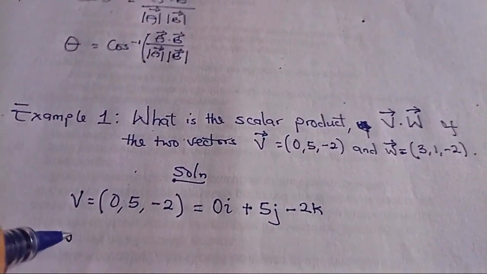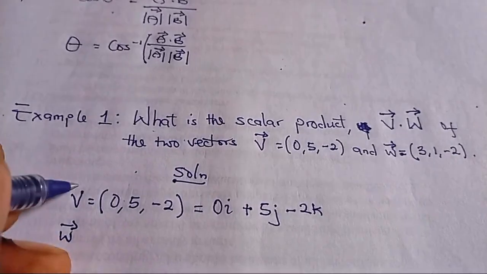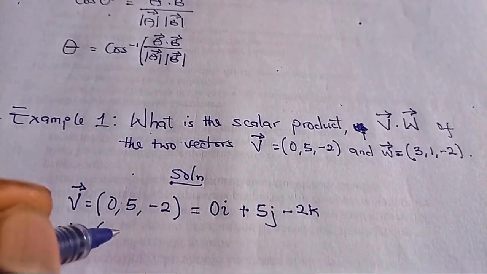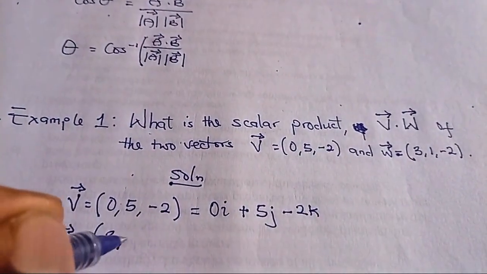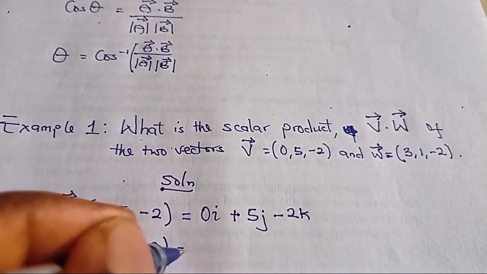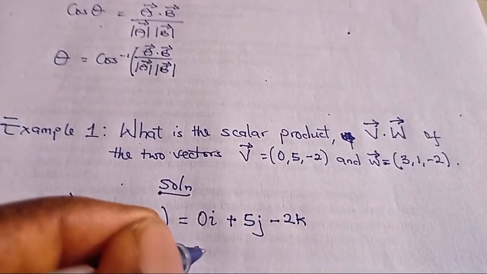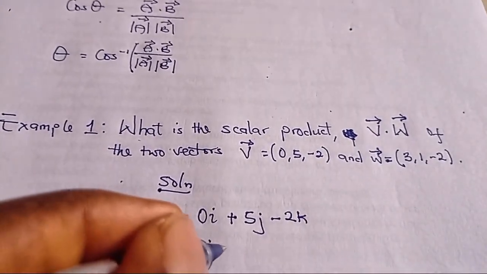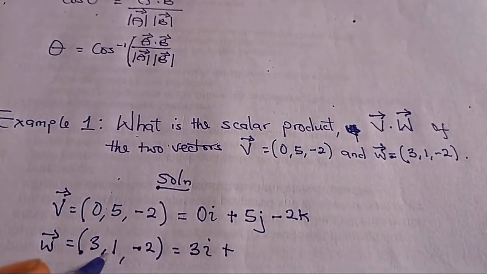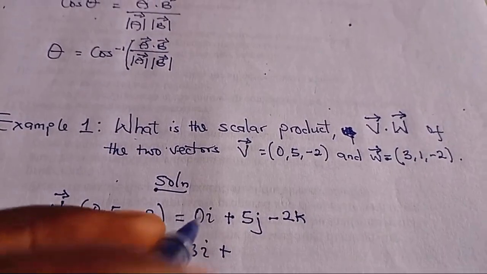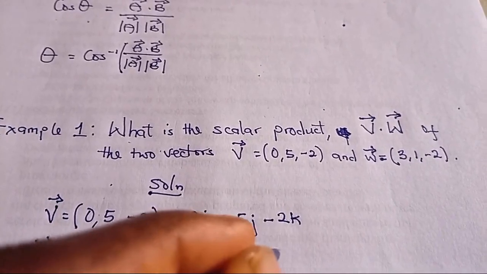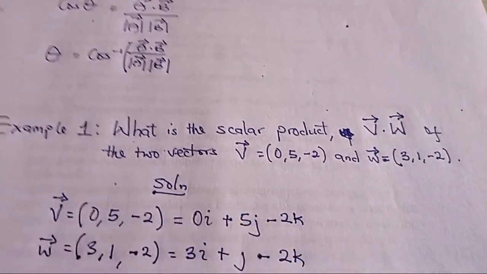Then vector w, which is equal to 3, 1 and minus 2, can be written as 3i plus, since it's 1j, we'll just write j, right, minus 2k.